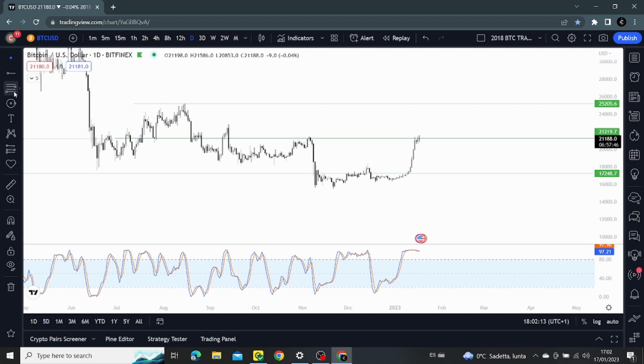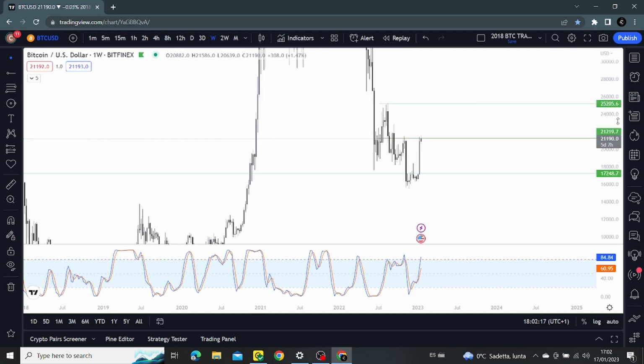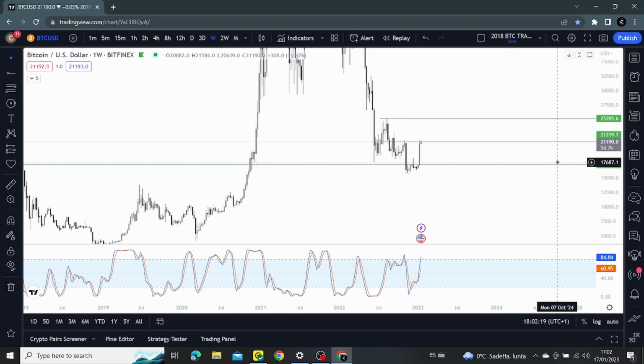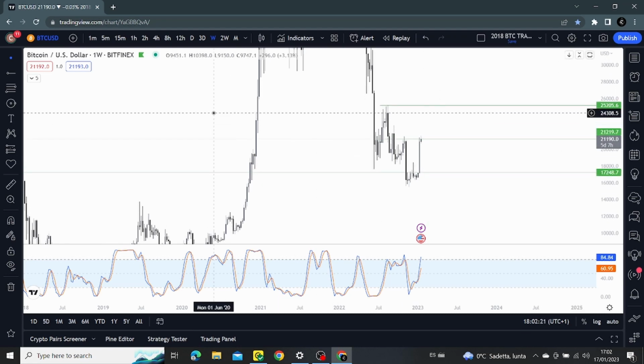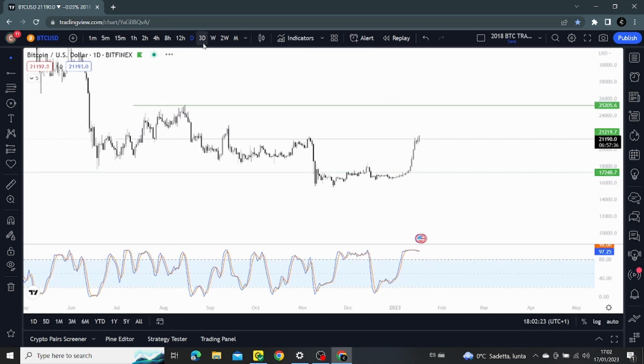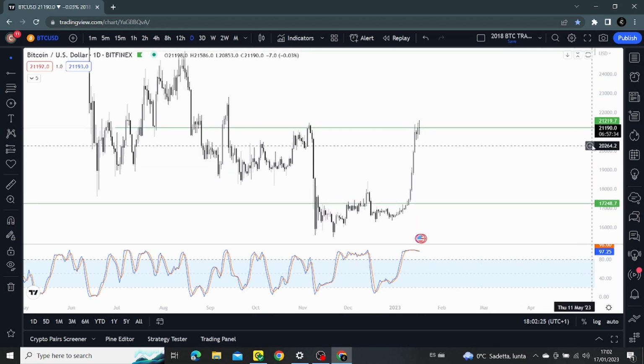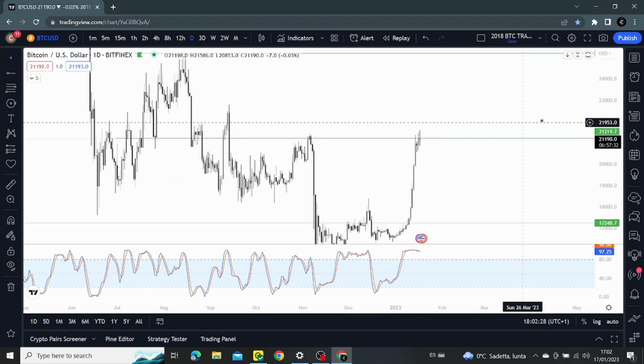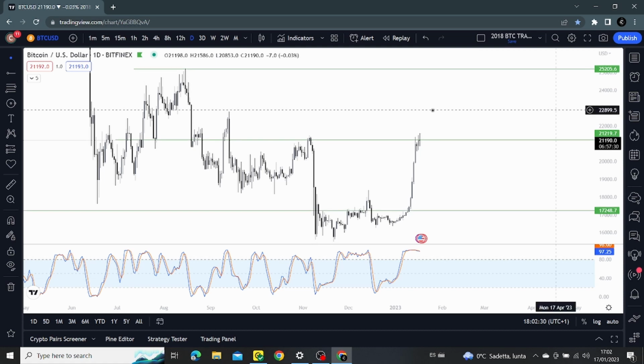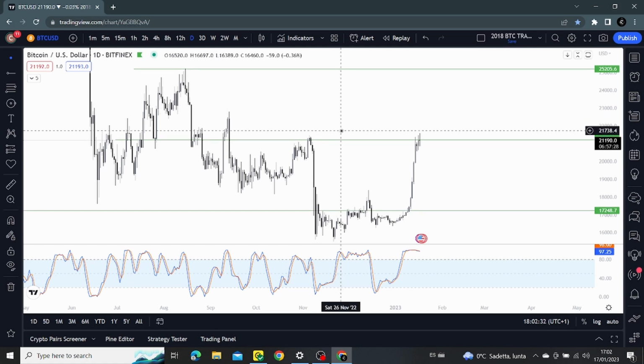Okay, now we're gonna look for our entry point, or we're gonna look first for where the price can go next. Okay, one thing that I want, let me go again to the daily time frame. One thing that we can be sure is that we didn't make a new higher high, higher than the previous high, okay.